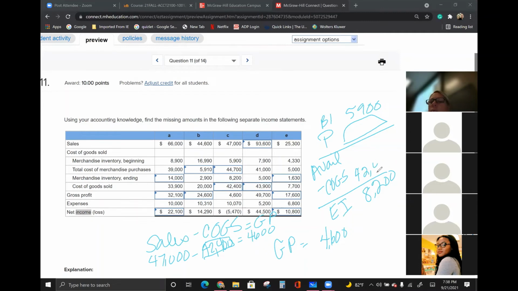Now I can do what I just did in B. I can add ending inventory plus cost of goods sold to get my available and then deduct out the beginning inventory. So I have $8,200 plus 42.4 gives me 50,600 available, less the 5,900. So my purchases are 44.7.